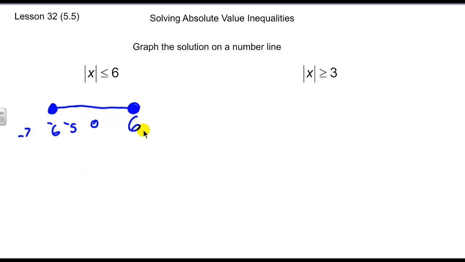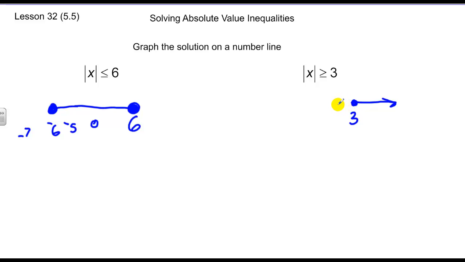Now, if I were to do the same thing on this side, where is the absolute value of x greater than 3? Well, again, if I put 3 down, fill in my circle because it's greater than or equal to, and move to the right, I could go forever because every number to the right of 3 is greater than 3. Now, it wouldn't make any sense to go to the left, or would it?